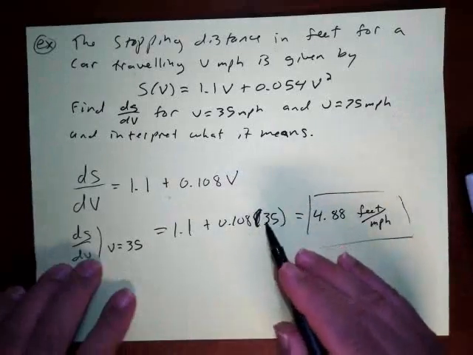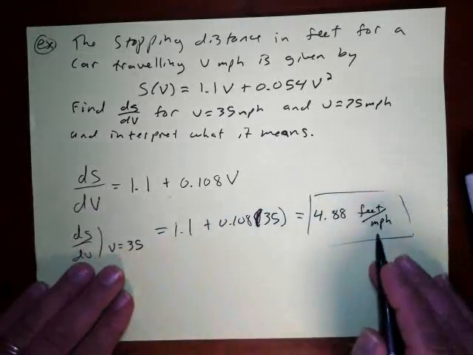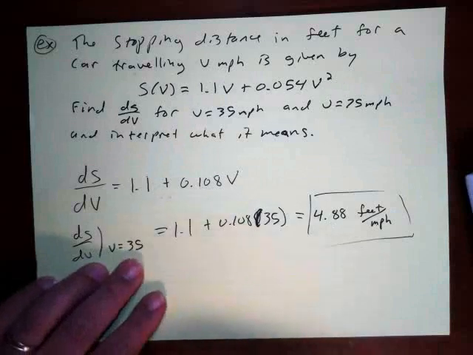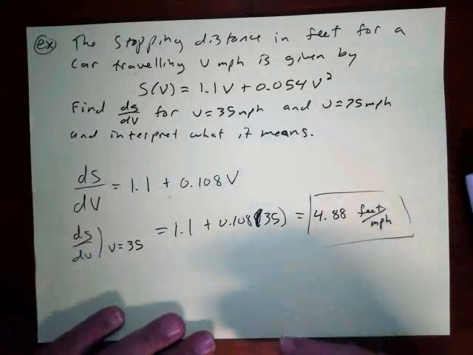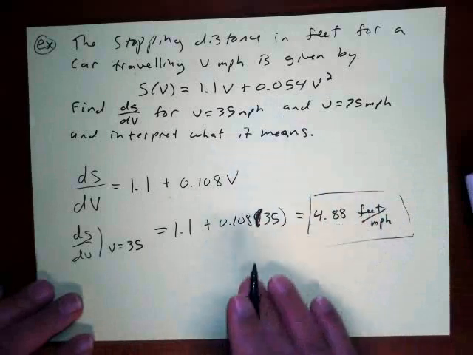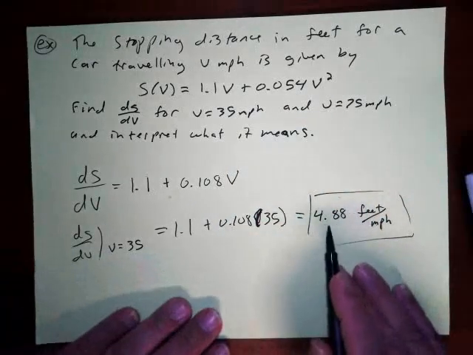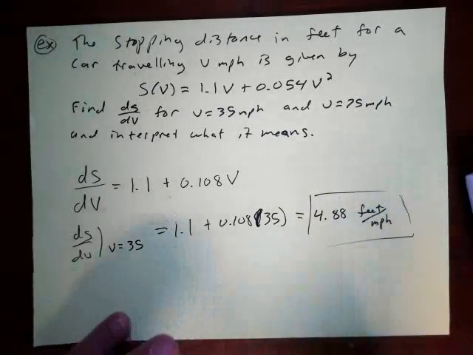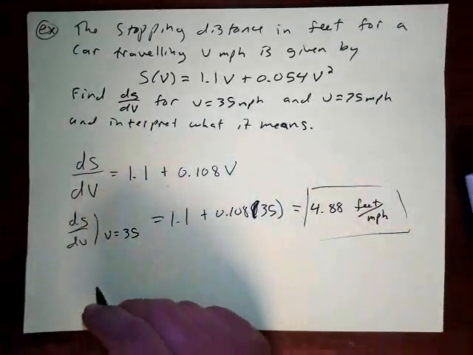At the rate that this function is changing, if I increase at 35 miles per hour, if I increase to like 36 miles per hour, then my stopping distance is going to increase by about 5 feet. That's the idea. This is asking for an interpretation. Kind of like marginal cost. It's 4.88 feet per mile per hour that you change. Okay? So it's an interesting rate there.